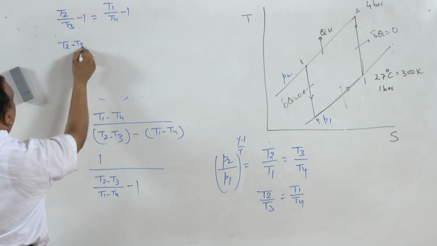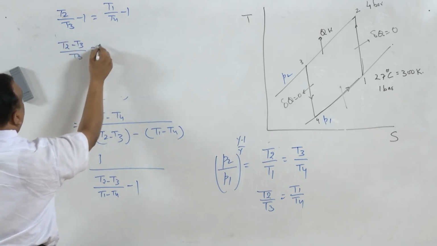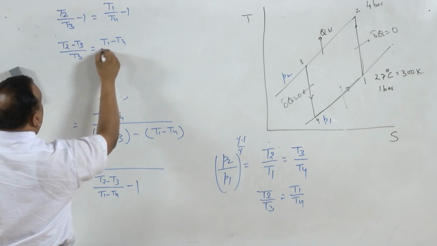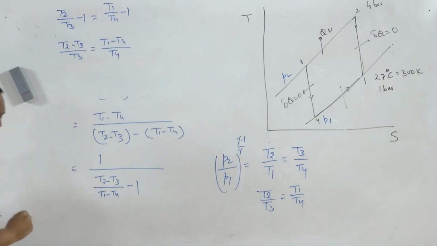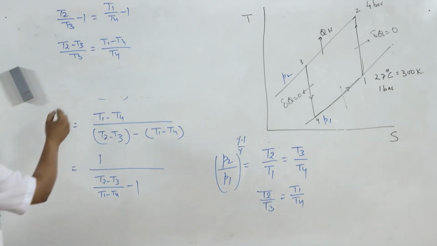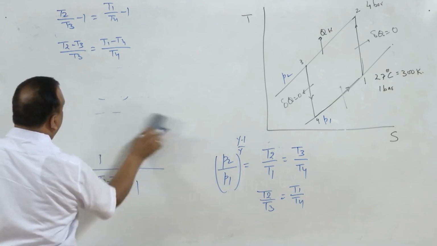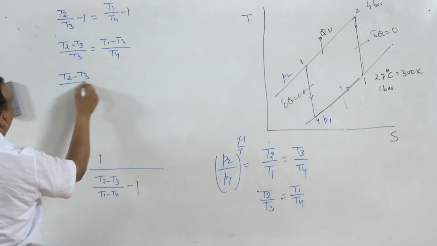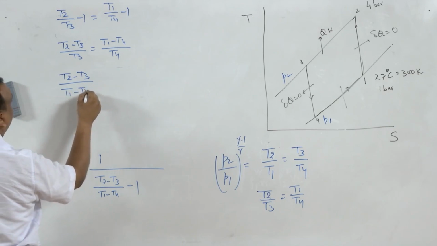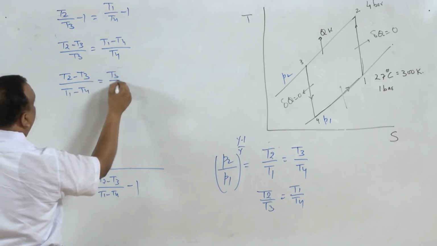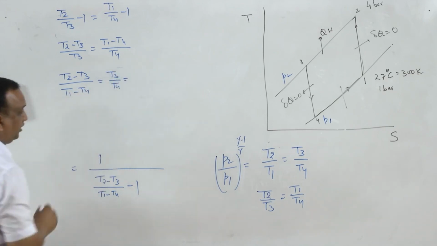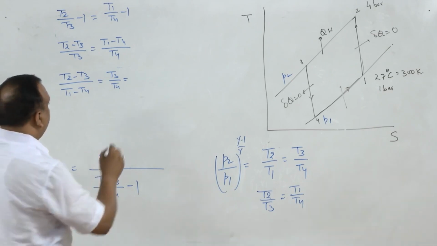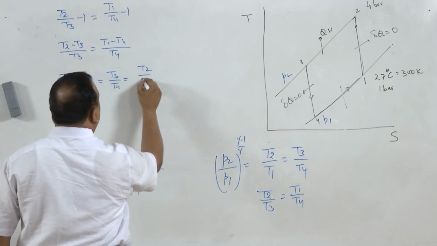(T2 minus T3) by T3 is equal to (T1 minus T4) divided by T4, or (T2 minus T3) divided by (T1 minus T4) is equal to T3 by T4, or T2 by T1.